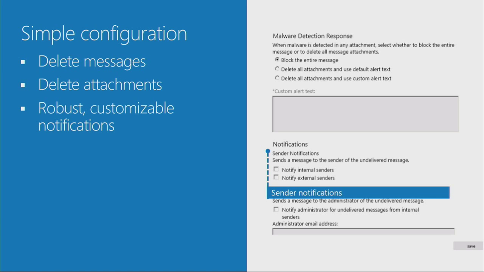It will be blocked directly by the Exchange Online Protection System. The second option is to delete all the potentially dangerous attachments and use a default alert text, for example. The last option is to delete all the attachments and use a custom alert text that you can write here.